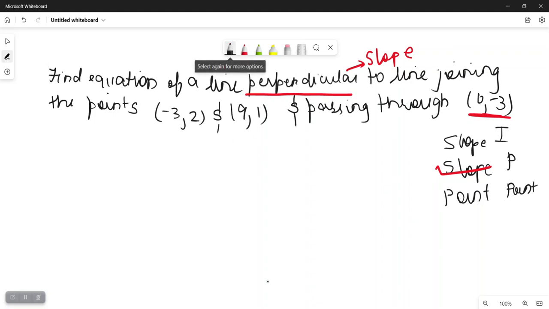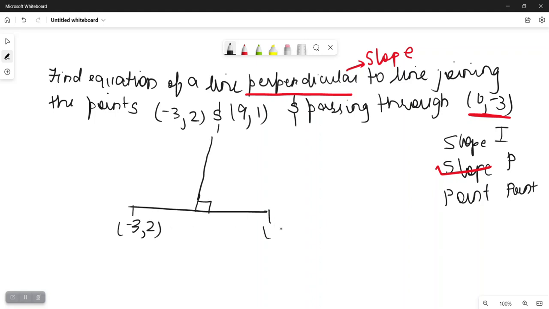The line which we want is perpendicular to the line joining (-3, 2) and (9, 1). This is the line we want.